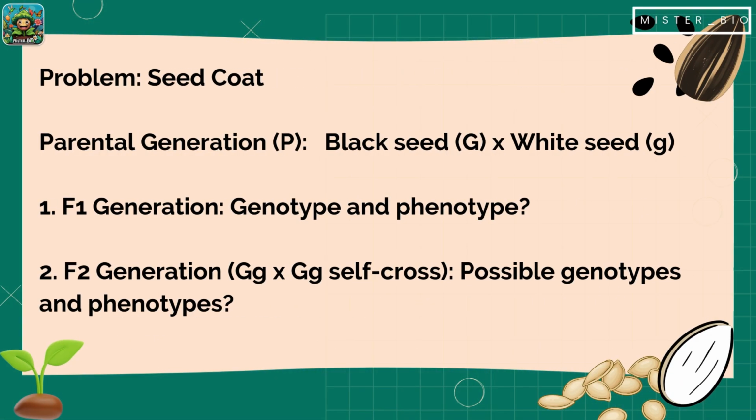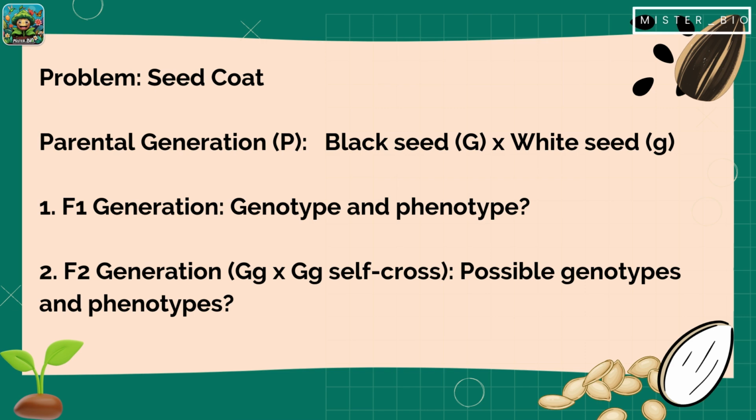And now for our problem number 3, which is about the seed coat. We have the parental generation, which is black seeds, represented by the uppercase G, which is dominant, crossed to a white seed, represented by the lowercase g.